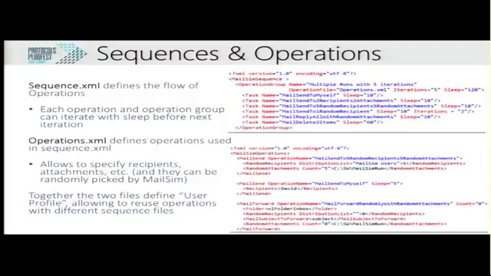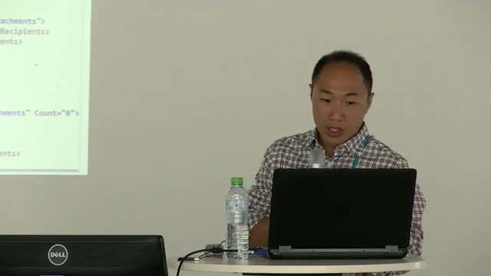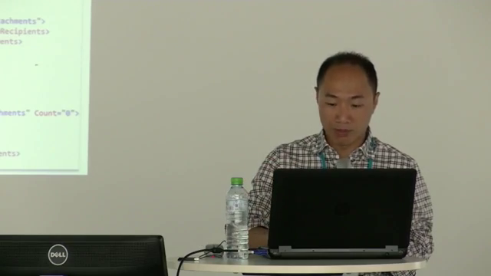So let's say you do a mail send to 5 random recipients. Then in the operation file, you have the same operation name, and then specify the details of it, like who the recipient should be, and whether there's an attachment, subject, body, stuff like that, right? So I'll show you some samples in my demo.